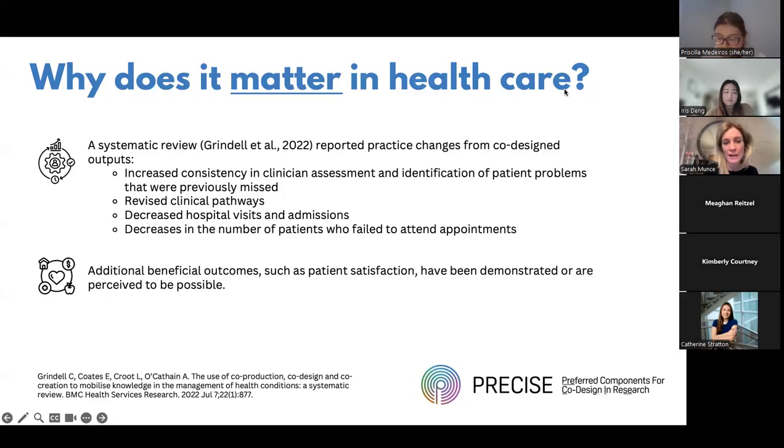Cheryl Grindle in 2022 conducted a nice systematic review looking at some of the benefits of co-design and found various results, including increased consistency in clinician assessment and identification of patient problems that were previously missed, all the way to reported improvements in healthcare utilization outcomes, including decreased hospital visits. They found additional beneficial outcomes such as improved patient satisfaction, both that were demonstrated or that were believed to be possible.